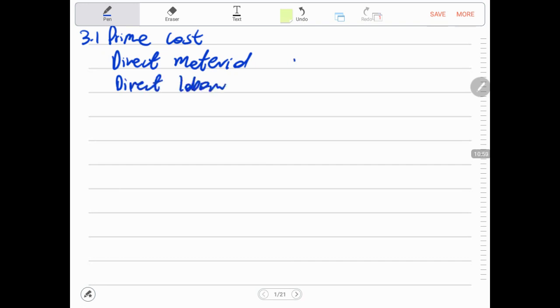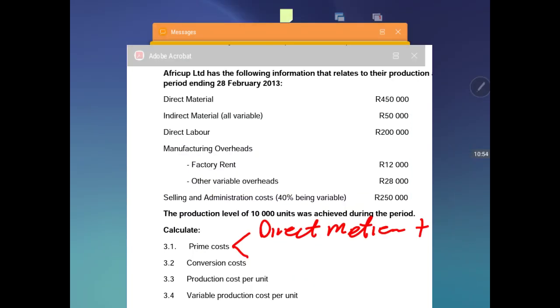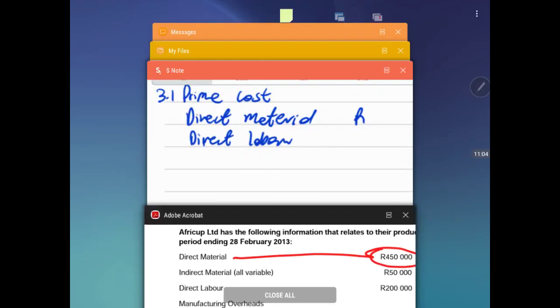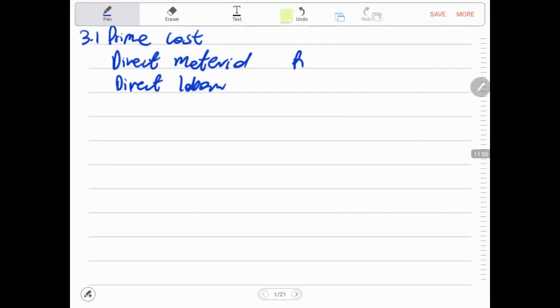Then we need to check how much was the total cost of direct material. Direct material cost amounted to 450,000 rands. Remember, this is a variable cost. Don't forget that direct cost are variable cost.